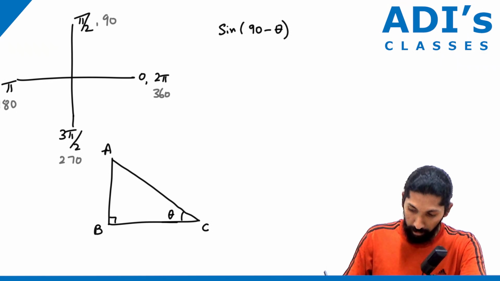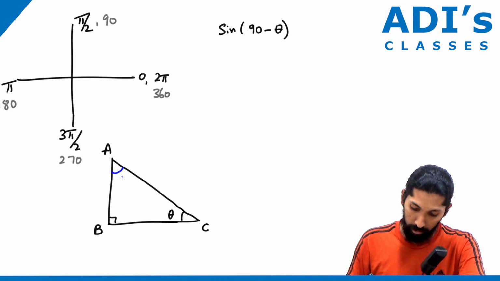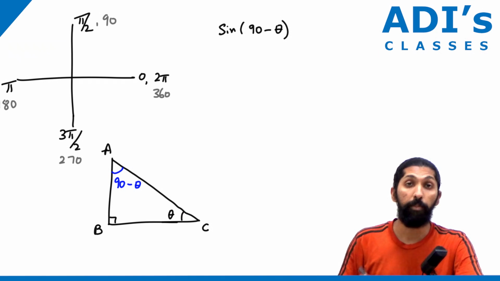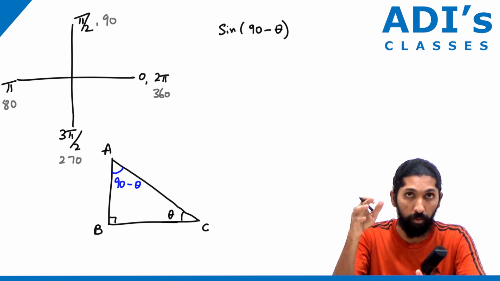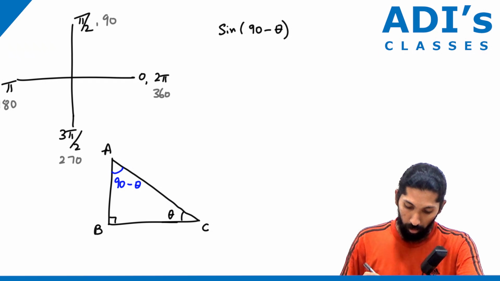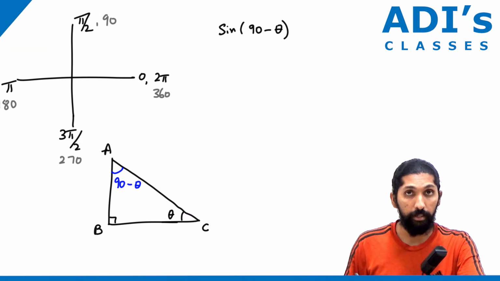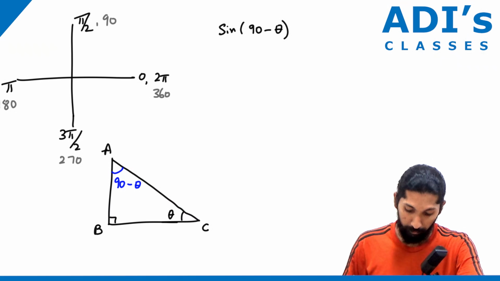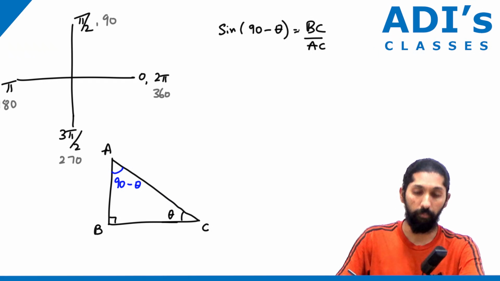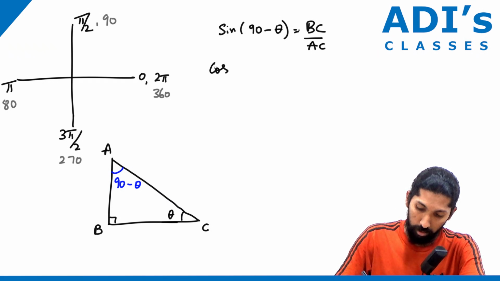Now the remaining angle is going to become 90 minus theta, correct? 90 minus theta, because the sum of the angles in a triangle is always 180. So here, what is sine of 90 minus theta? BC divided by AC, correct? BC divided by AC. Same thing, cos of 90 minus theta.